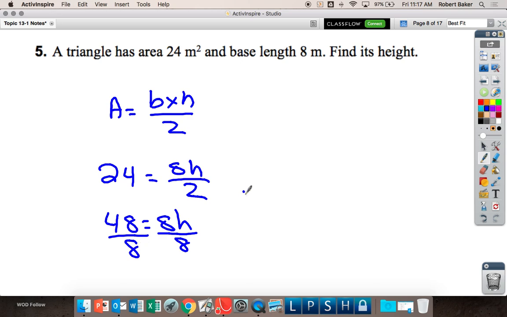Oh, 6 meters. It's just 6 meters because it is a one-dimensional length, not an area.